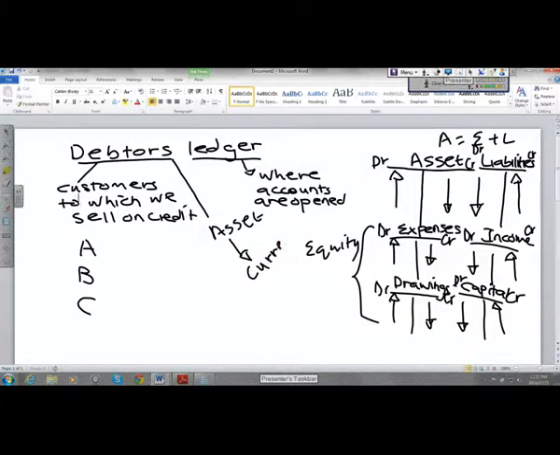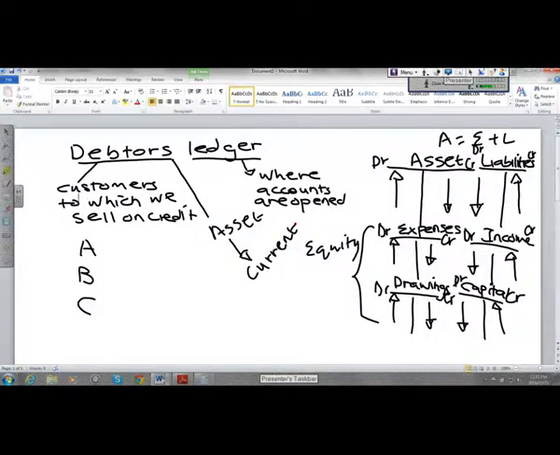So remember, we defined an asset as what the business uses to generate cash. Assets transform into future cash. So when we have a debtor, we have an asset because when they settle the account, the business is going to receive cash.